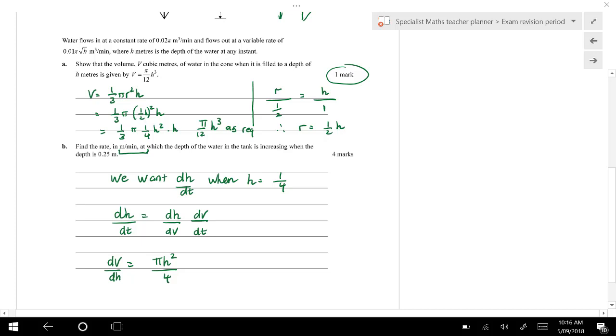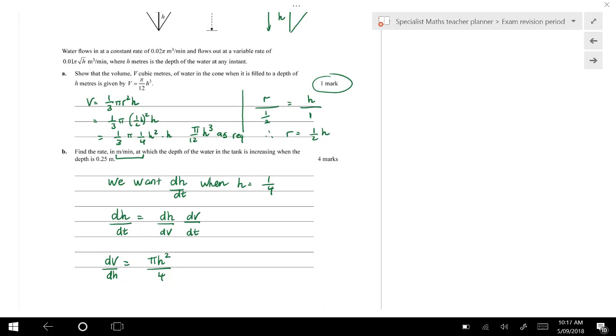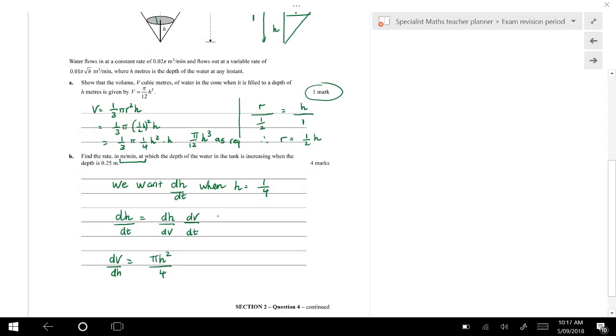Okay, so now dV/dt is equal to, think about what happens. dV/dt is equal to our rate in minus a rate out. Once again, it's worth 4 marks. You need to show evidence of this.